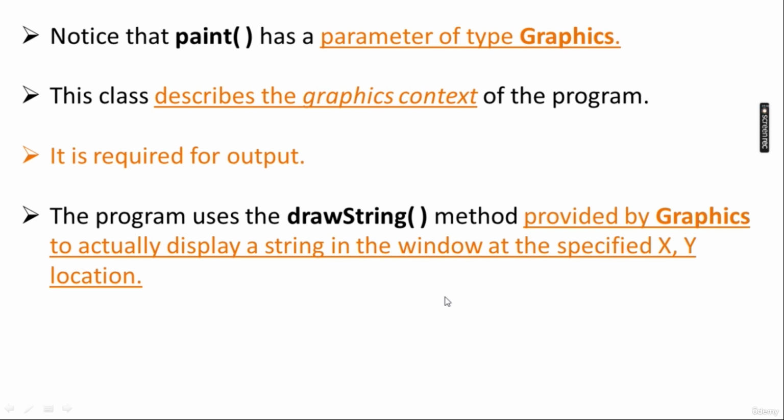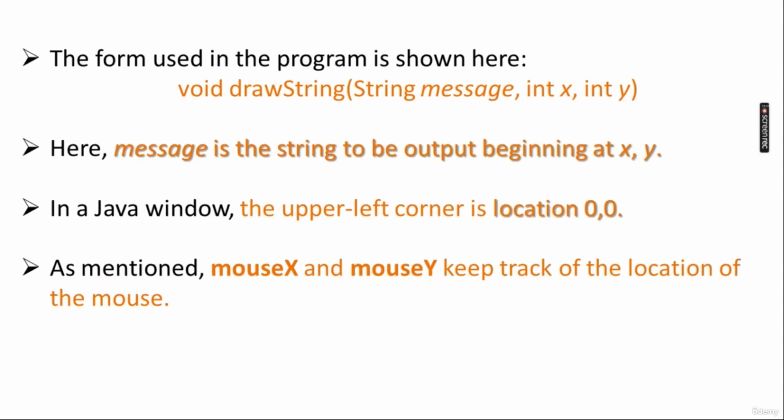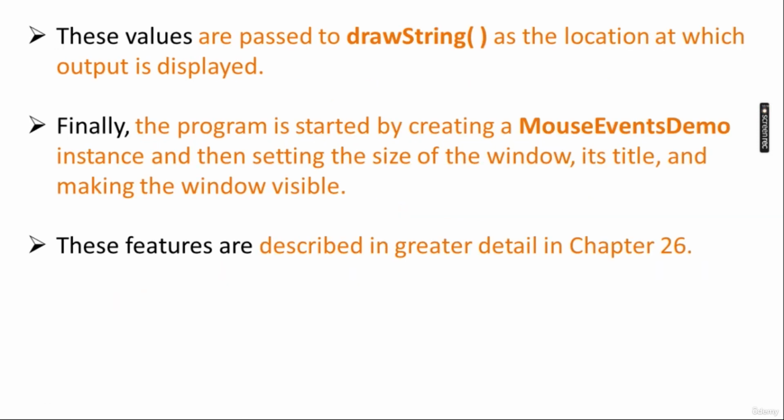The program uses the drawString method provided by Graphics to display a string in the window at the specified X and Y coordinate location. drawString(message, X, Y): message is a string to be output beginning at X, Y. In a Java window, the upper left corner is 0,0, as I explained some time ago. mouseX and mouseY keep track of the current location of the cursor. These values are passed to drawString to update the string.